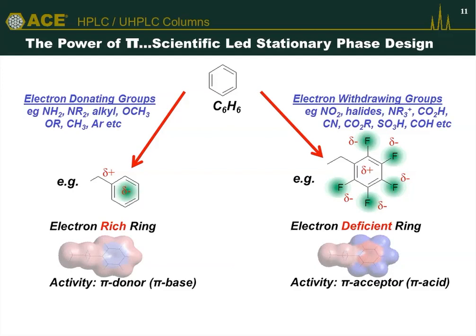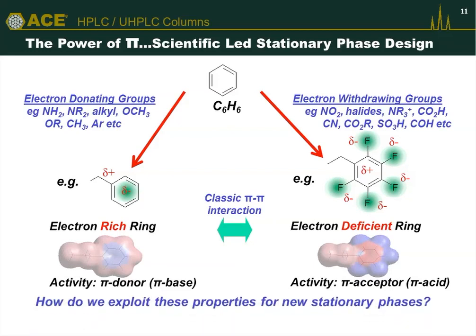And you can see that those electrons are drawn out of the ring, creating this strong dipole moment and also a slightly electropositive or electron-deficient ring system. Now, these types of differences in the properties of these rings are your classic pi-pi interaction. This is an interaction between an area of low electron density and high electron density.